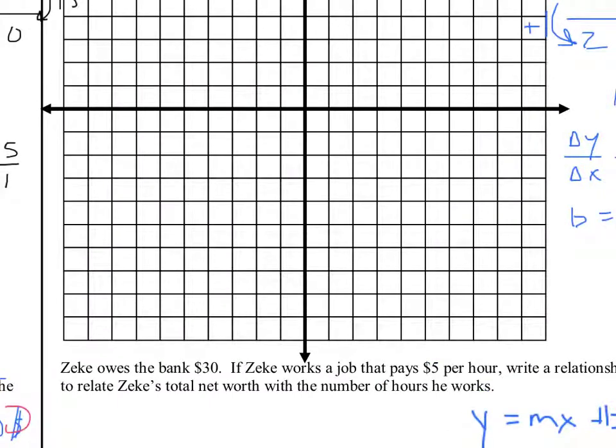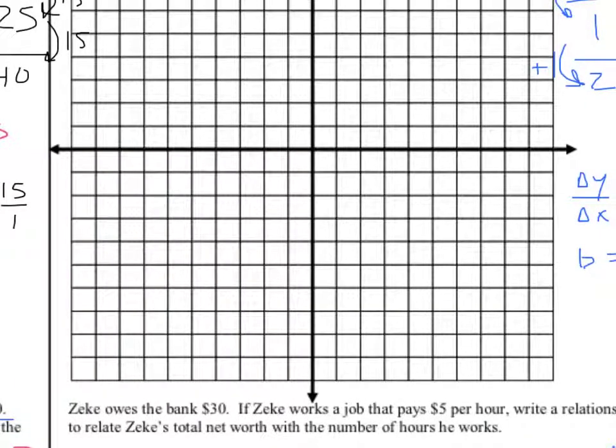Go down here and label these. And again, I'm just going to label every other one here. Counting by fives, negative 10, then negative 20, then negative 30, then negative 40. Going up 5, 10, 15, 20, 25, 30. I'll go ahead and stop there.